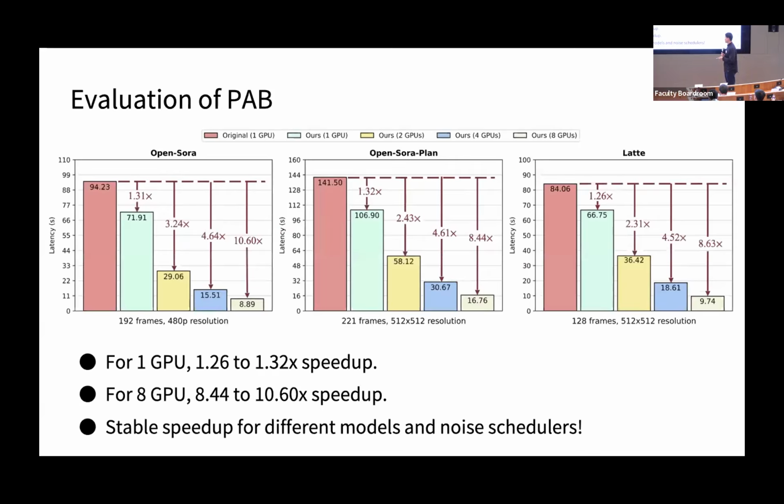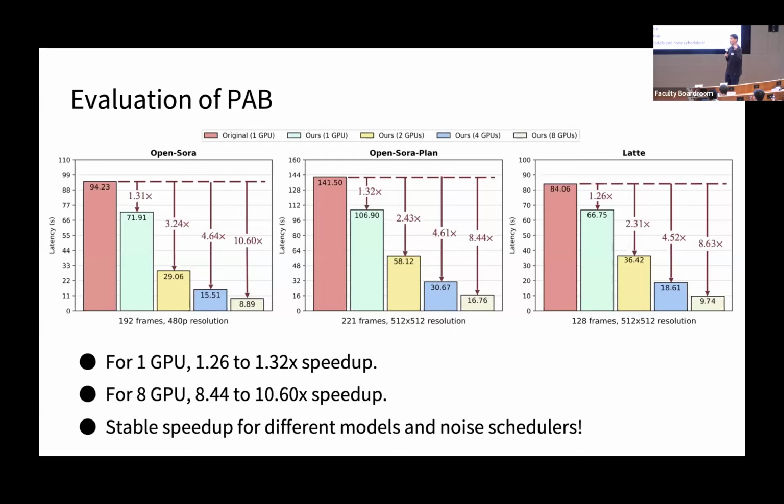So in this way, firstly, on just one GPU, we can have 30% speedup, roughly 1.3 times speedup. But if you put this on multiple GPUs, for example 8 GPUs, it's possible you can get 10 times speedup, because we minimize the computation, and on multiple GPUs we can also reduce the communication overhead.